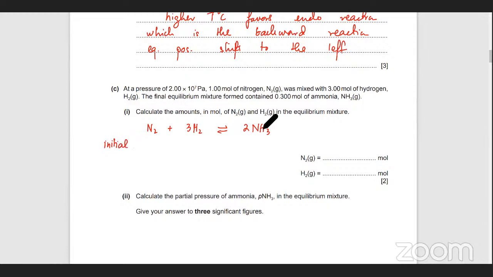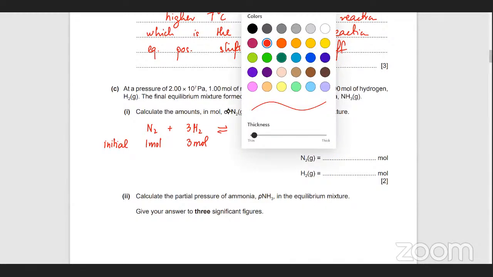Initially, there's 1 mole of nitrogen and 3 moles of hydrogen. That's the initial moles. There's no NH3 initially.